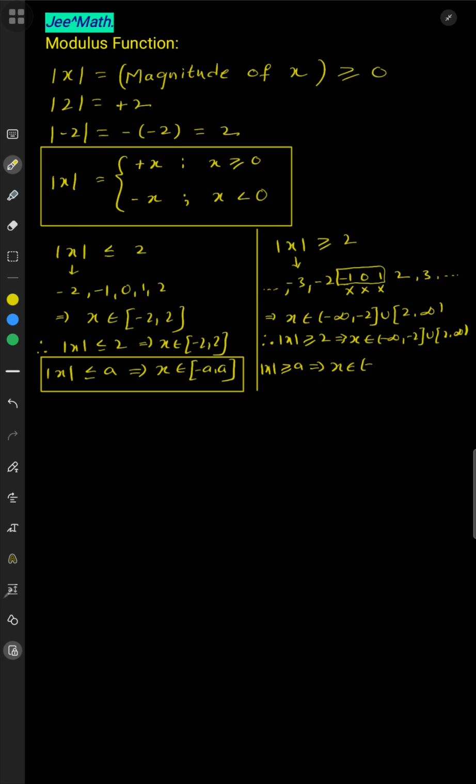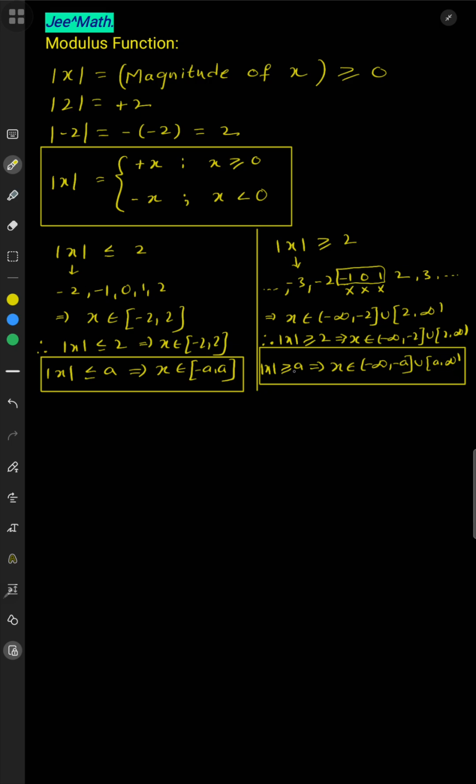X belongs to minus infinity to minus a union a to infinity. This thing also you need to remember.